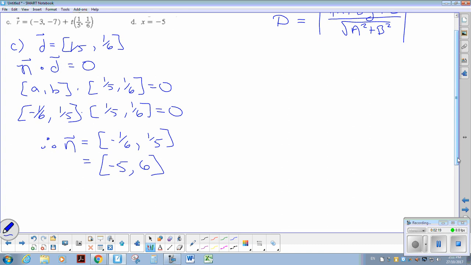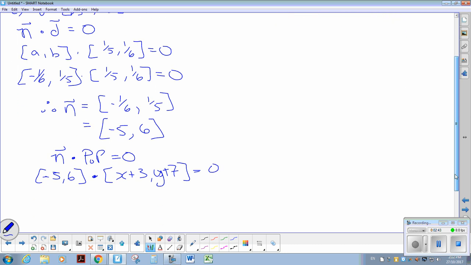So we take our reference point, because standard form is normal dot p equals 0. So (-5, 6) dot (x plus 3, y plus 7) equals 0.